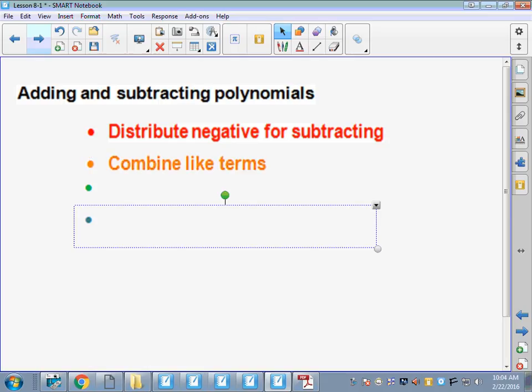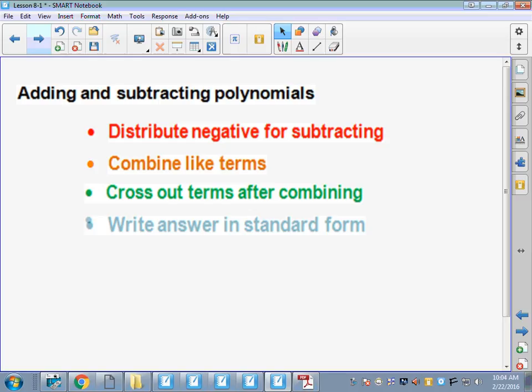In other words, you can only put x squared together with x squareds, or y to the fifth together with other y to the fifths. So you cannot combine an x squared and an x to the third because they are not like terms. You have to just write them separately. I do this just to make sure that I see what I need to do. Cross out the terms after combining them. And write your answer in standard form.